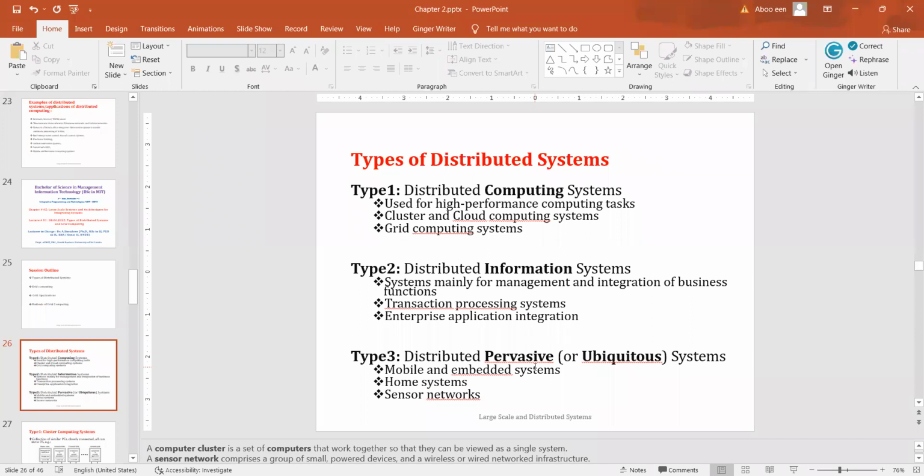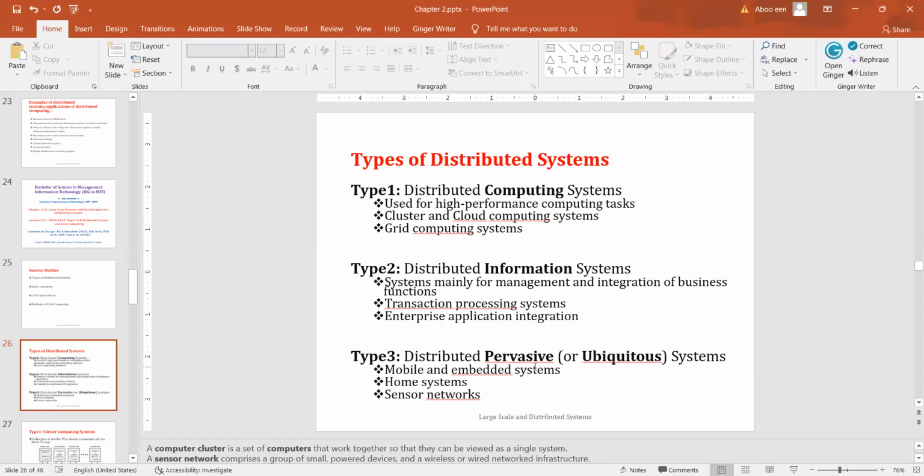So type 1 is actually for computing systems, for some special task. How about type 2? The type 2 distributed systems are for industrial applications.